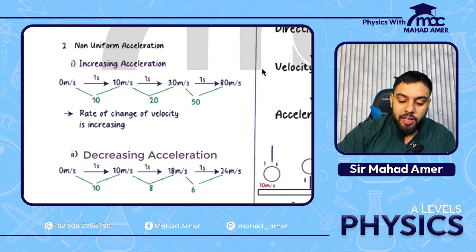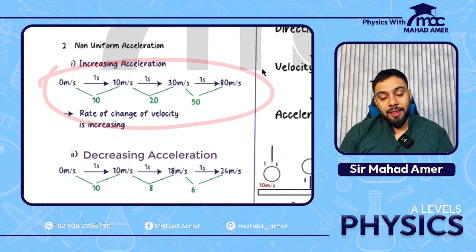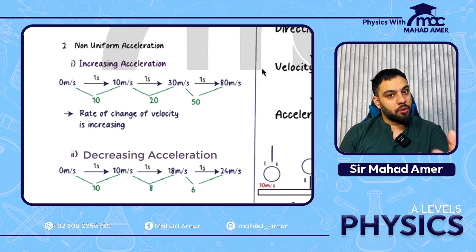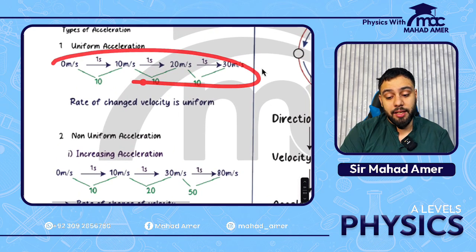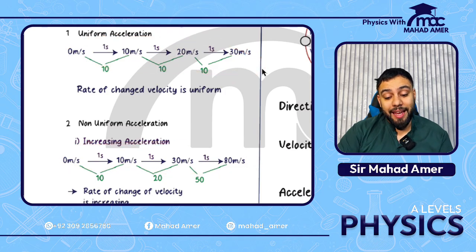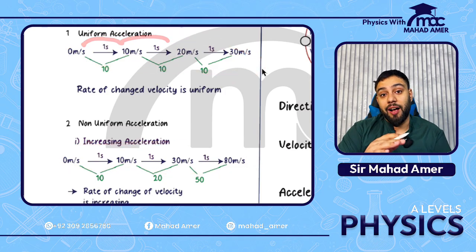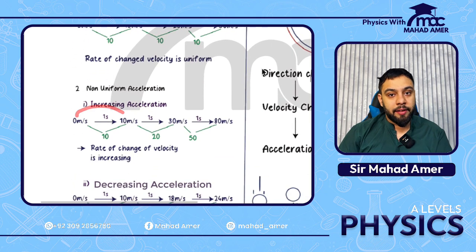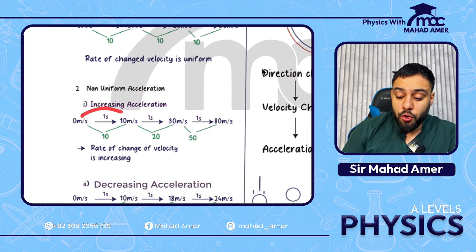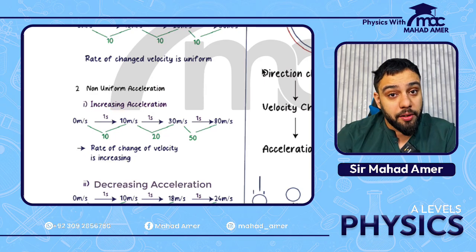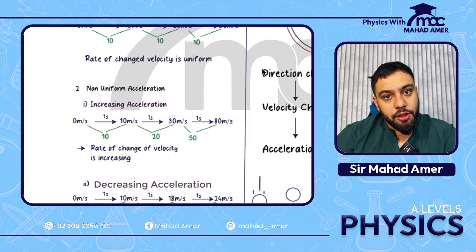So this is increasing acceleration that actually shows us that the object is getting faster. In both of those cases, the object is getting faster. But in the uniform case, the object was getting faster at the same rate every second. And in increasing acceleration, the object is getting faster and the rate at which it is getting faster is also increasing. That's increasing acceleration.